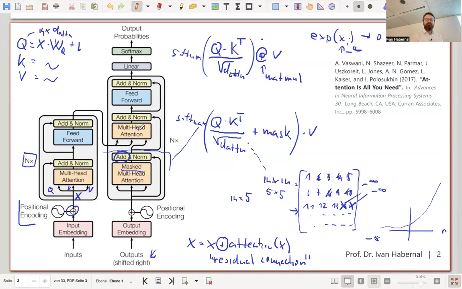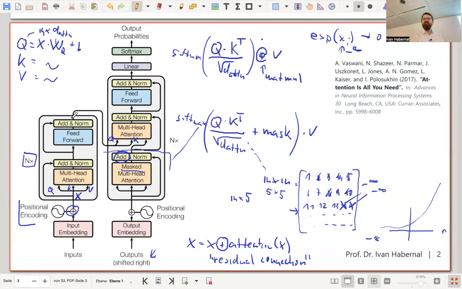So here, this is the decoder part, this is the X coming in, and now the query, key, and value are not coming from the same input. The query and key are coming from the output of the encoder. Here, this is the query, this is the key, and they are coming from the encoder.